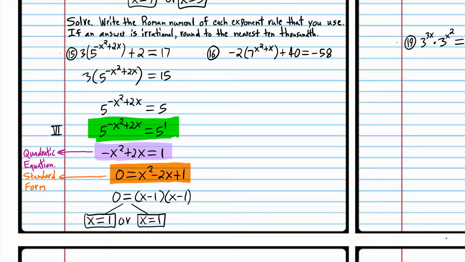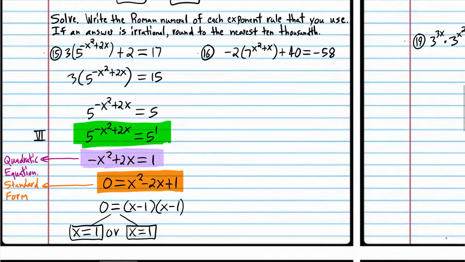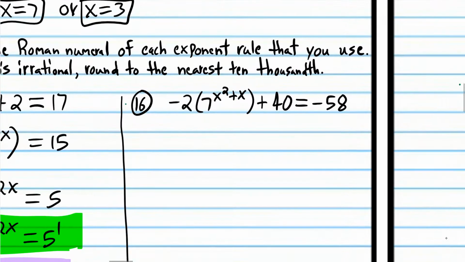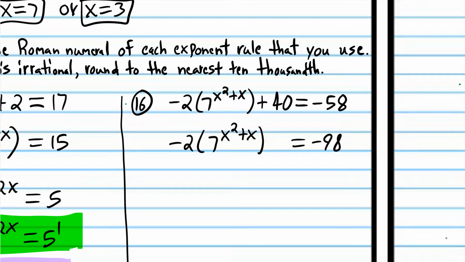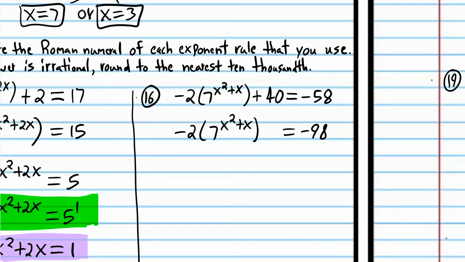All right, we're back. So subtract 40 from both sides, and divide both sides by -2.